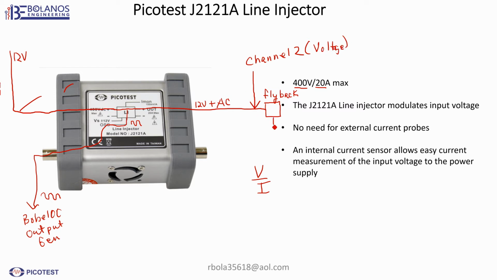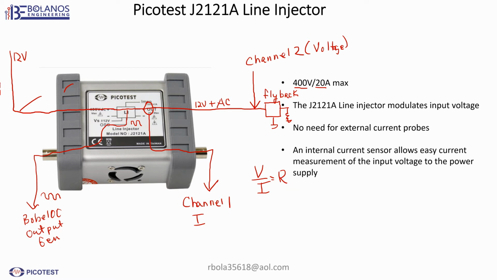That 12 volts is routed through and comes out through the left side, and you would connect it to your power supply. In my case, I'm going to connect it to my flyback.